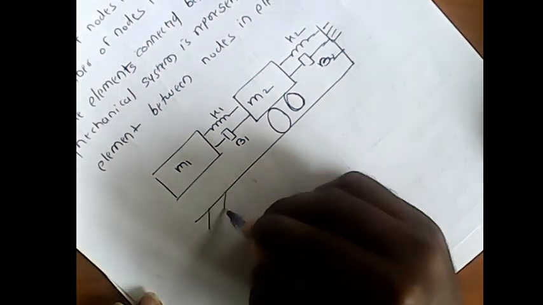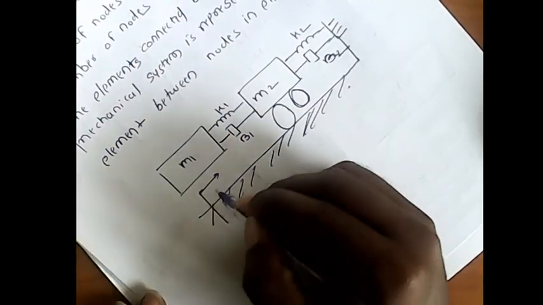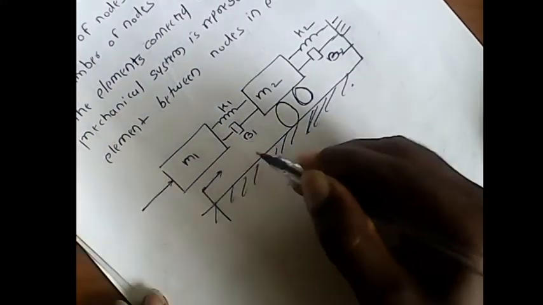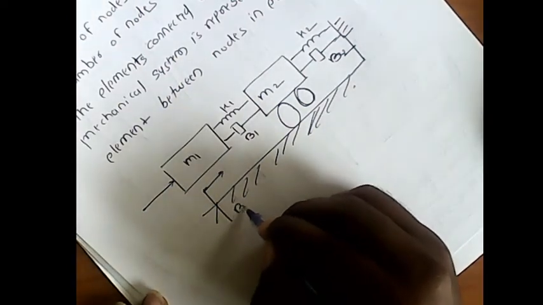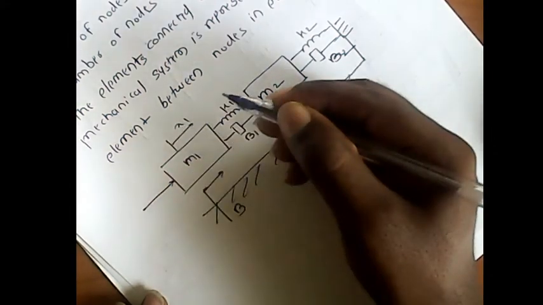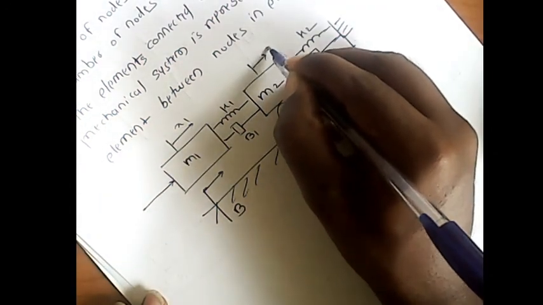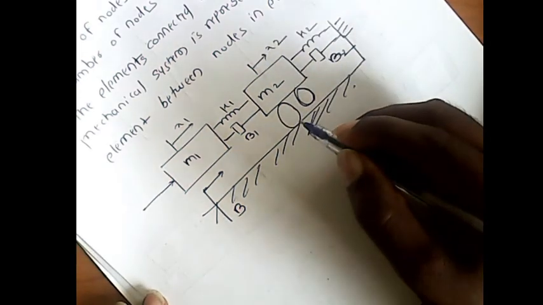The mass moves or translates along this surface, and the surface offers friction, generated by B. The displacement is x1 for mass M1 and x2 for mass M2. Here is an applied force.